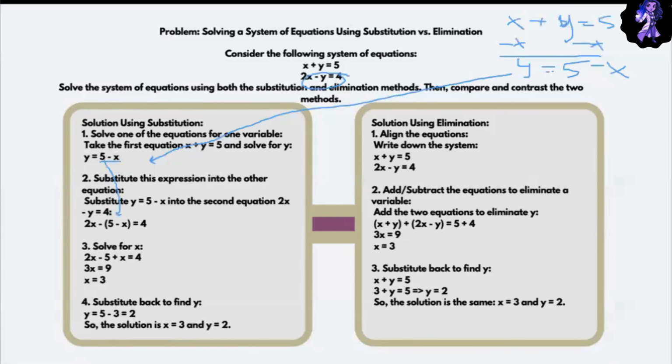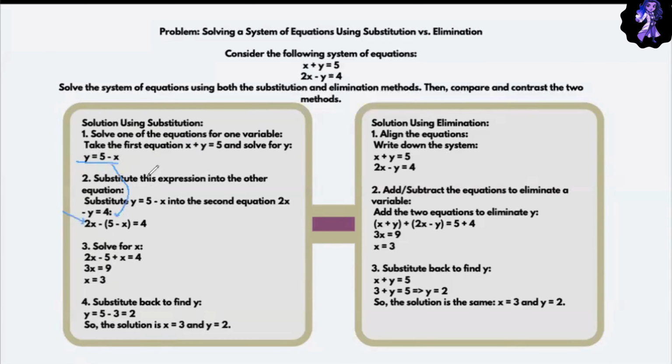So essentially what we have now in that second step is 2x minus, parenthesis, 5 minus x, equals 4, by substituting the value of y into the y in the second equation. Now we have to simplify further, so we distribute that negative on both the number and the variable. So we have 2x minus 5, because we distribute that minus sign.